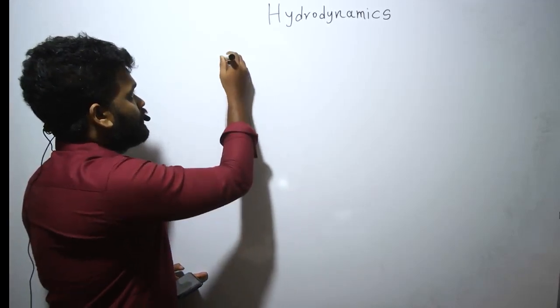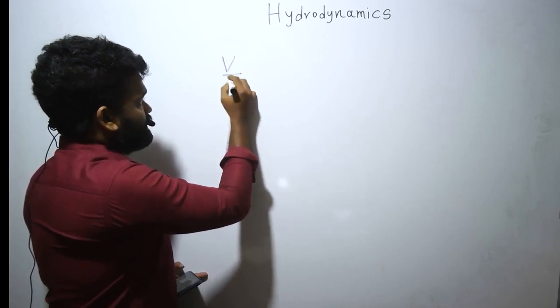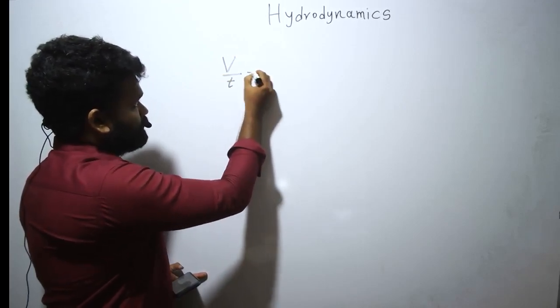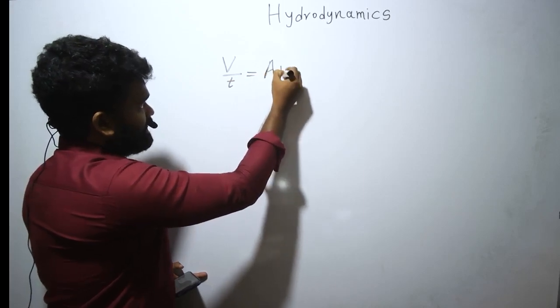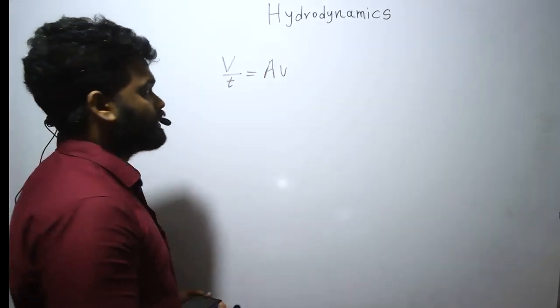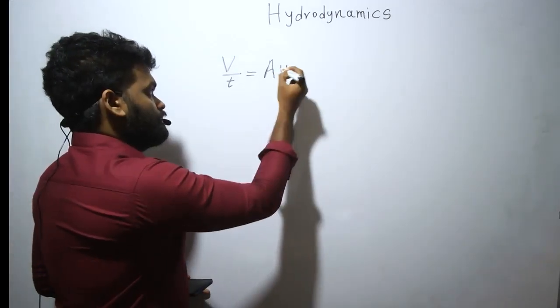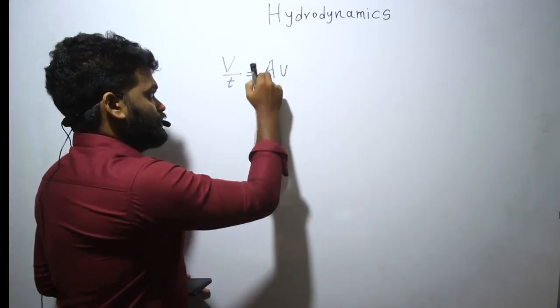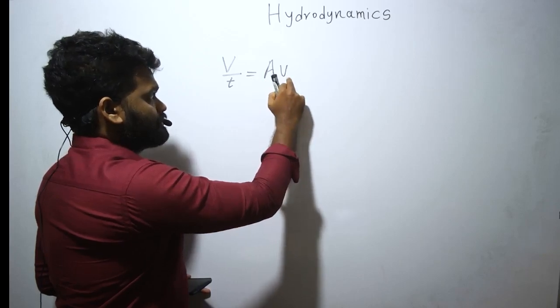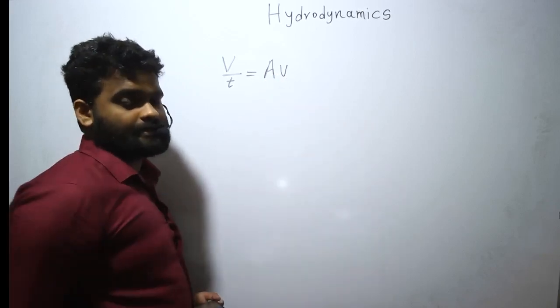Volume divided by time, V divided by T, is the volume flow rate. You know this equation: A V, cross section times velocity. So the volume flow rate is cross section times velocity of the fluid.